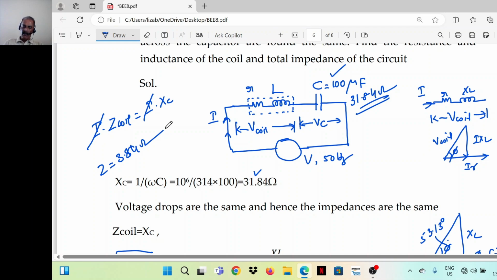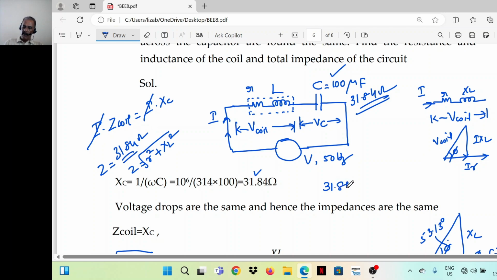But the impedance of the coil is also equal to the square root of R square plus XL square. So from this you can find the relation Z square is equal to R square plus XL square. Z is equal to 31.84.